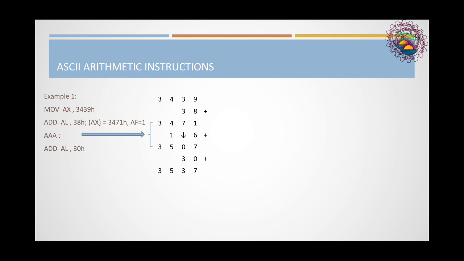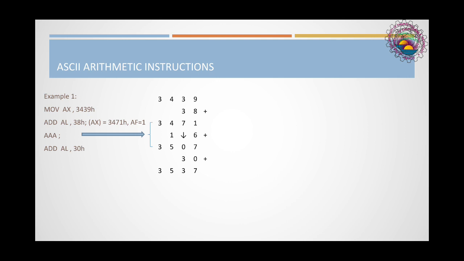For adjustment, 6 will be added with the lower nibble of AL. So 1 plus 6 equivalent to 7, and the higher nibble of AL, that is 7, will be reset, that will become 0, and 1 will be added to the value of AH.